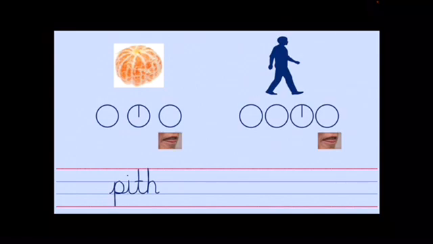Smith is a name, so we need a capital S for the sound S at the beginning. M is M, I is I, and th is TH again. And the dotting and the crossing is done when we have finished our word.